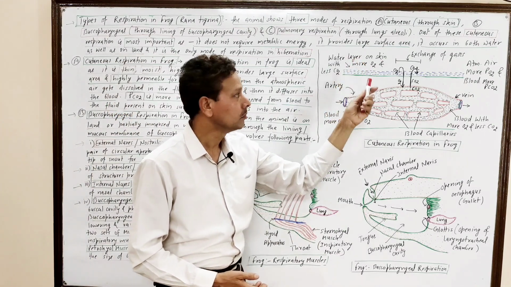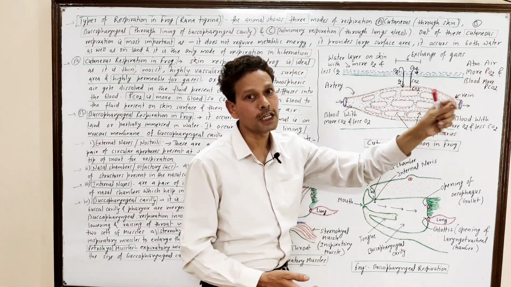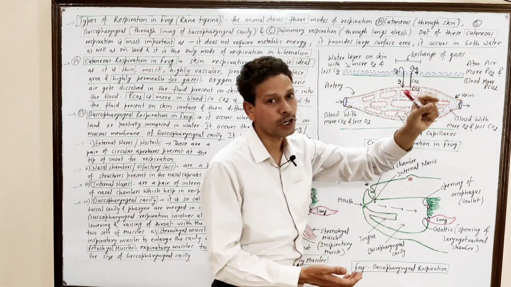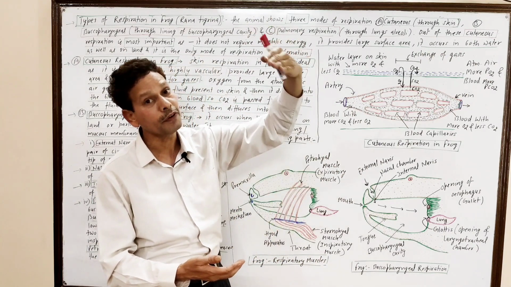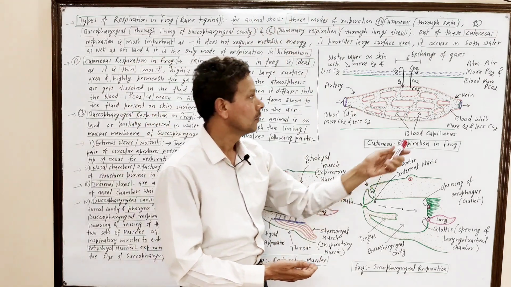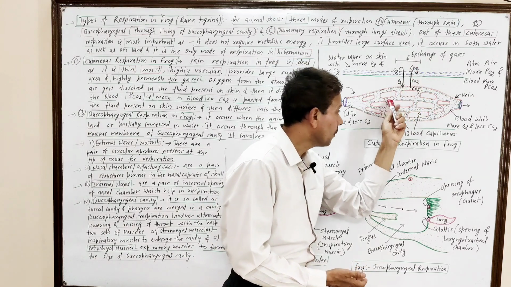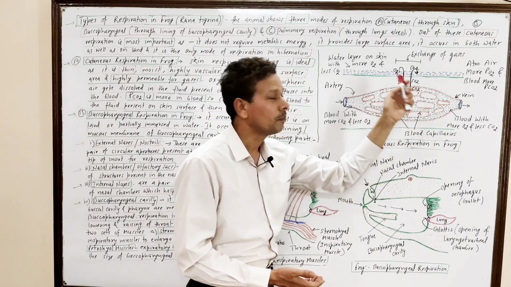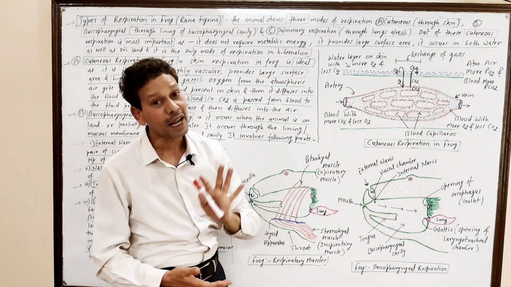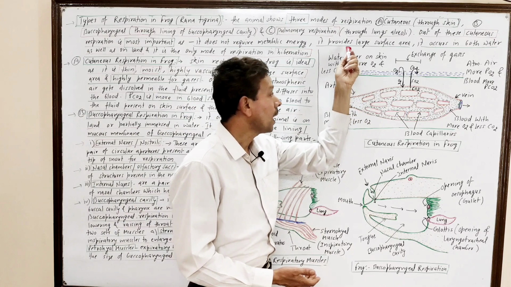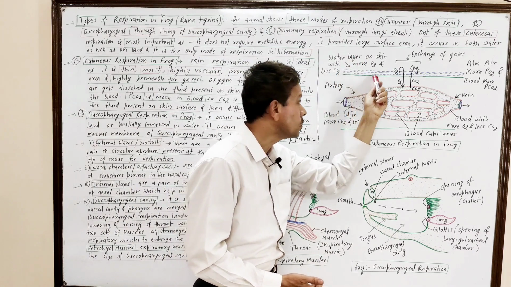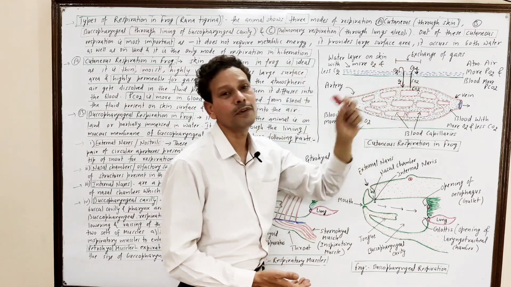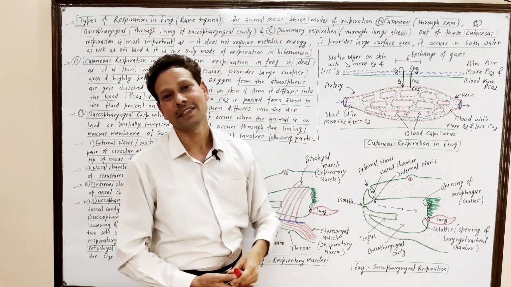As we know, PO2 is the partial pressure of oxygen, and the PO2 in atmospheric air is high. But the PO2 in blood is less. It means the atmospheric oxygen that gets dissolved in this fluid diffuses from this fluid into the blood.